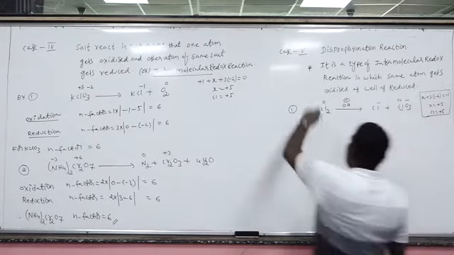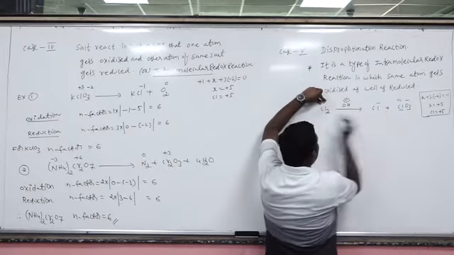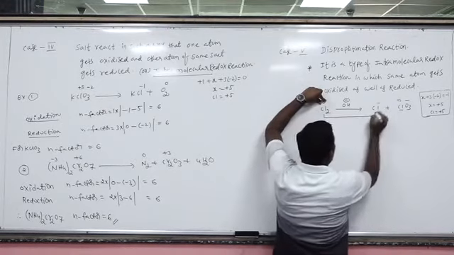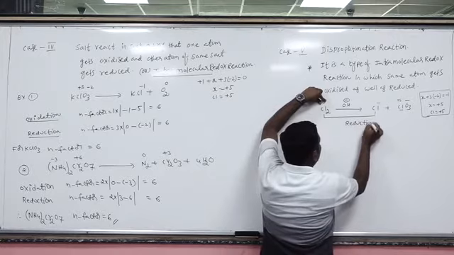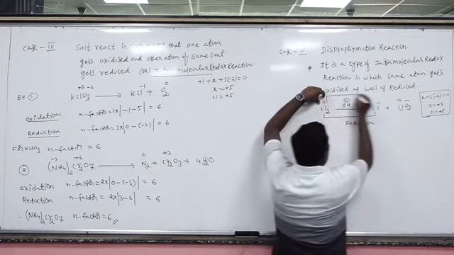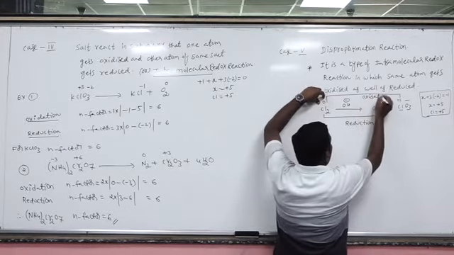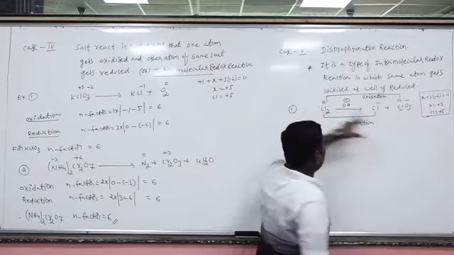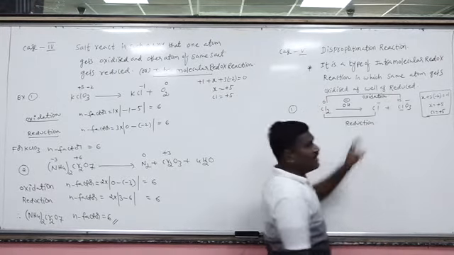Now the chlorine oxidation number changes from 0 to -1. That means from here to here, what happens? A decrease in oxidation number, which we know is called reduction. For the same element chlorine, the oxidation number increases from 0 to +5. This is called what? Oxidation. An increase in the oxidation state is called oxidation, and a decrease in the oxidation number is called reduction.